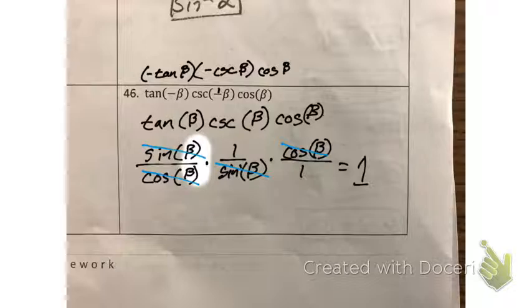Other questions? Mary: Sorry, can you tell me how you get sine and cosine for number 27? So you have tangent equals negative 3.